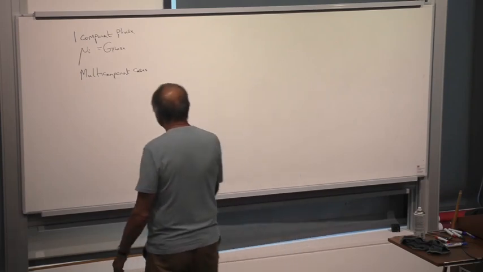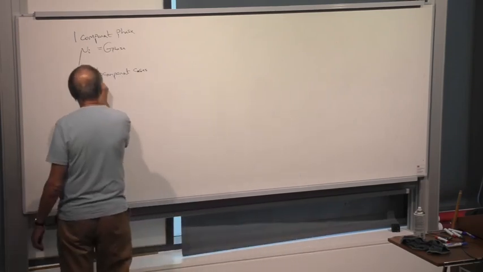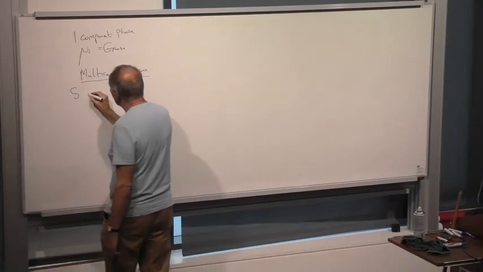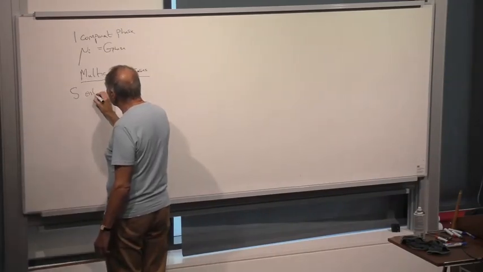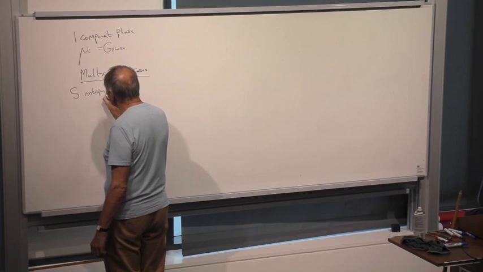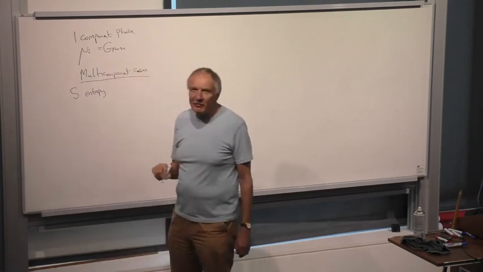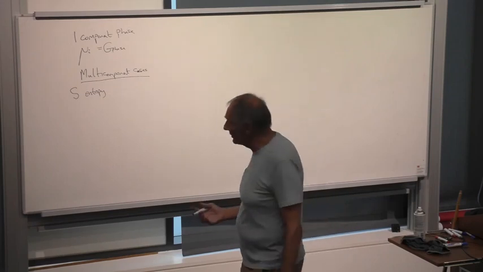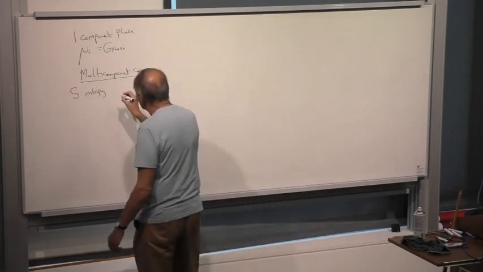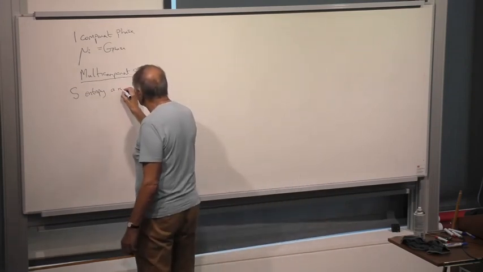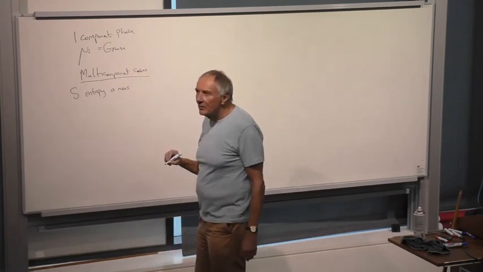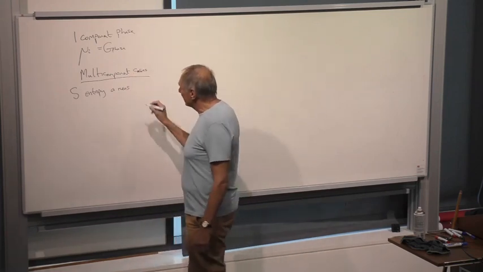Now, entropy is basically a measure of the degree of randomness or disorder that there is in our phase or system. So the more disordered a phase, the higher its entropy.